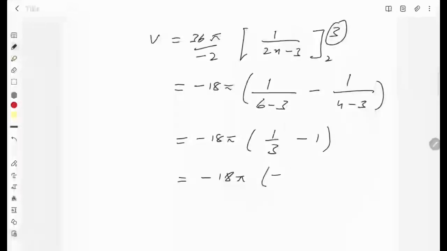And if you simplify it, you get minus 2 over 3. And 12 pi is your final answer. You can leave it in terms of pi. So this is your final answer.